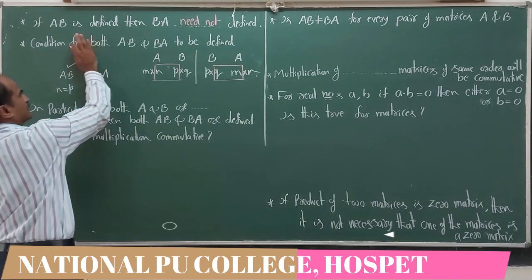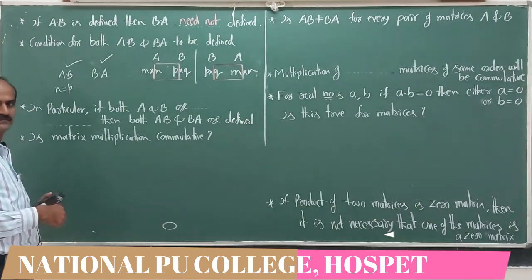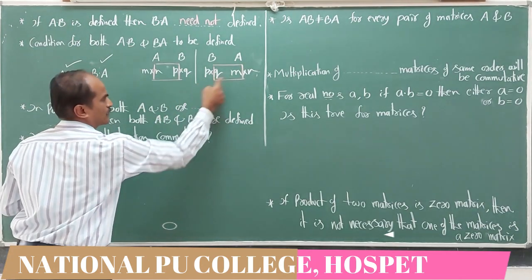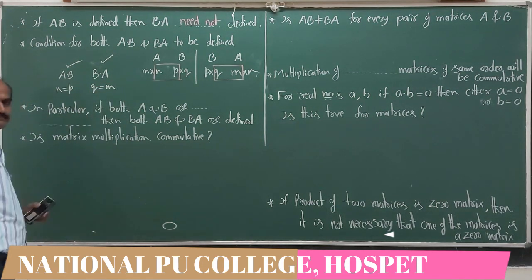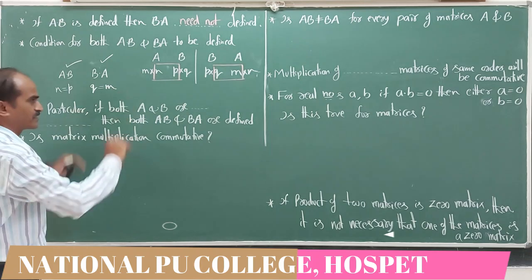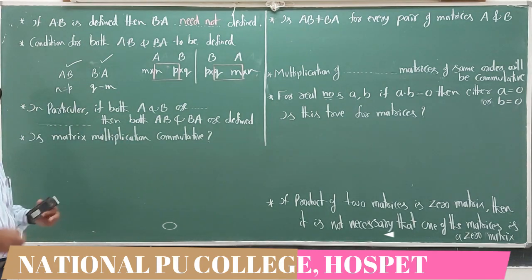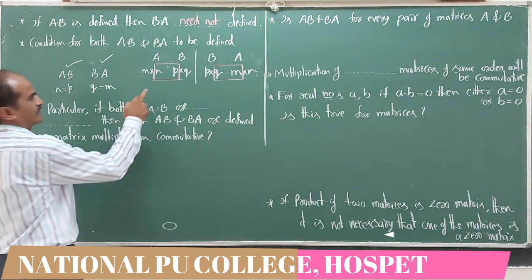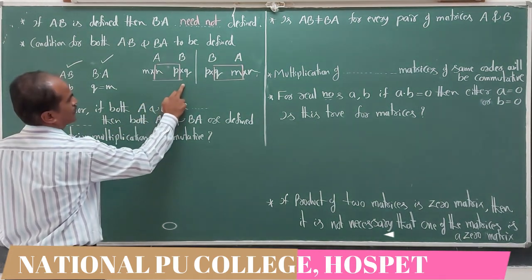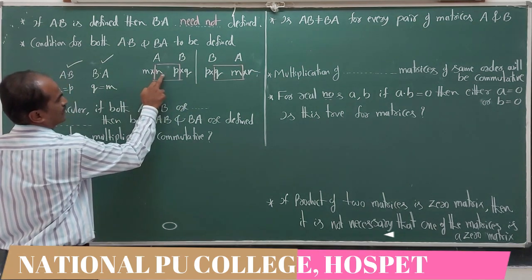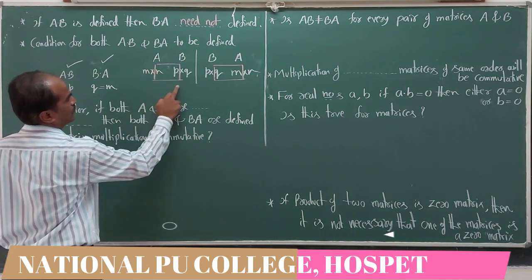In order to say that BA is also defined, q must be equal to m. This is the condition to say that both AB and BA are defined. Now check here, n must be equal to p and m must be equal to q.